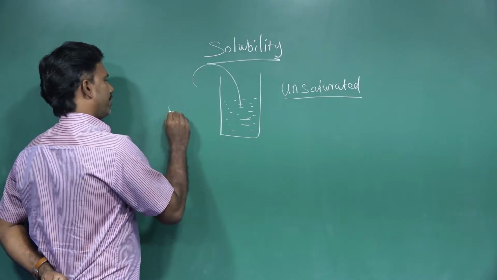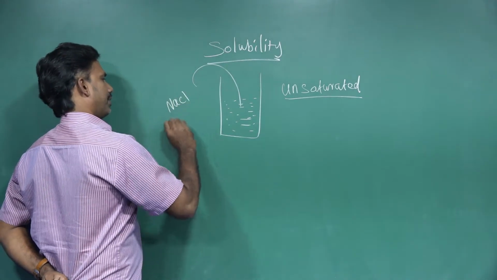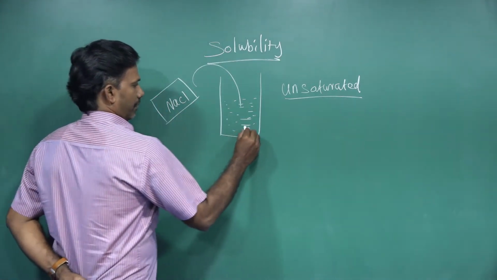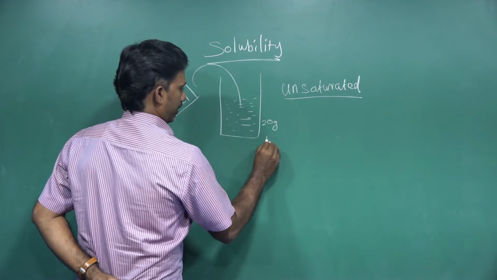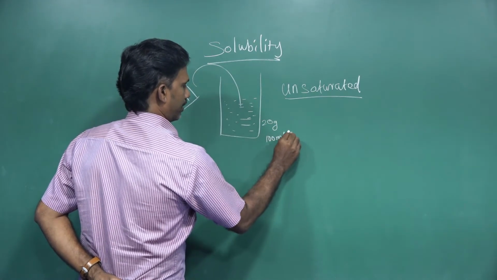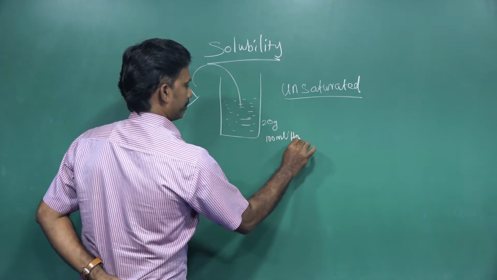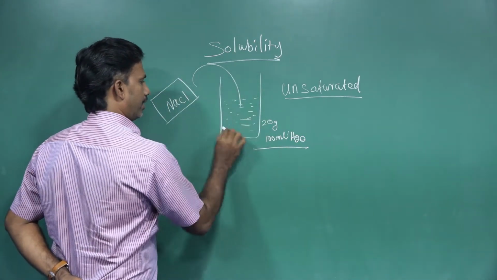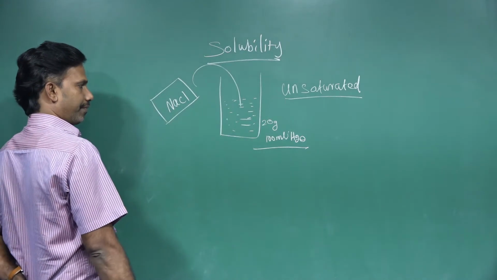For example, if we take NaCl, if you take 20 gram of NaCl in 100 ml of water, what happens? All the 20 gram of NaCl will dissolve in the solvent.